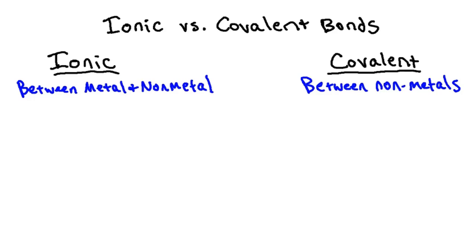Now, ionic bonds, the bond that happens between the metal and nonmetal ions, happen because of the ionic charge of each element.